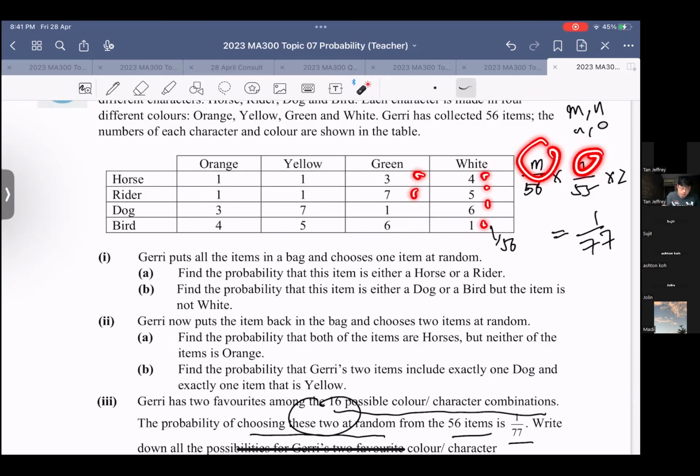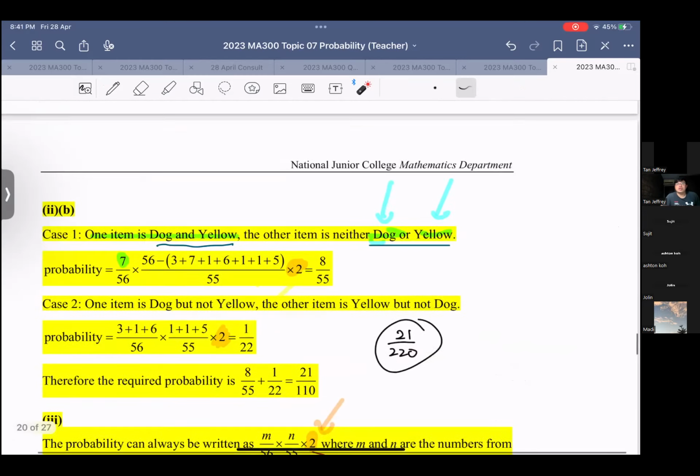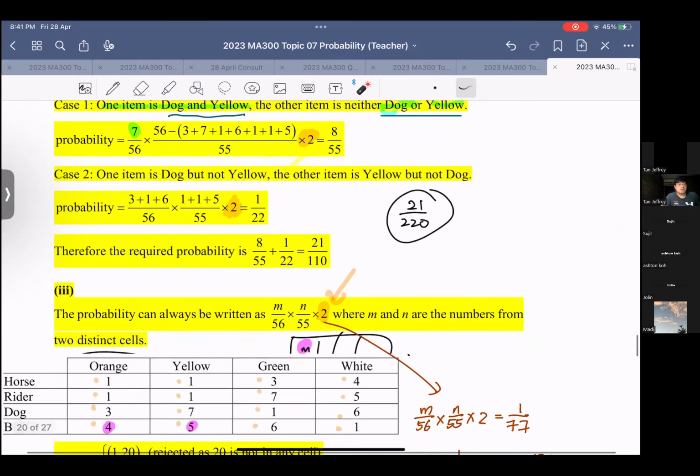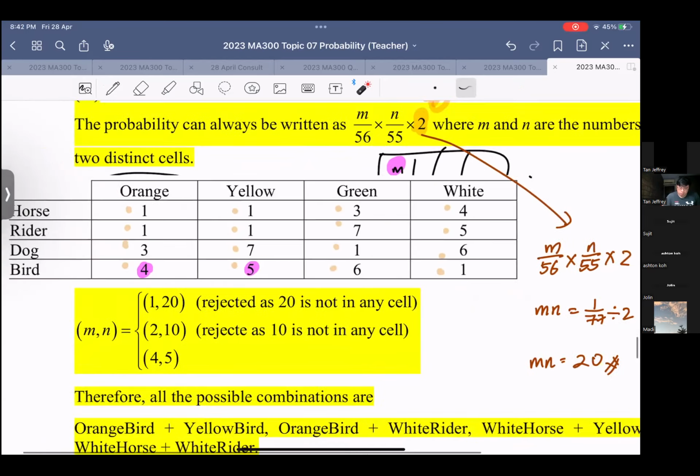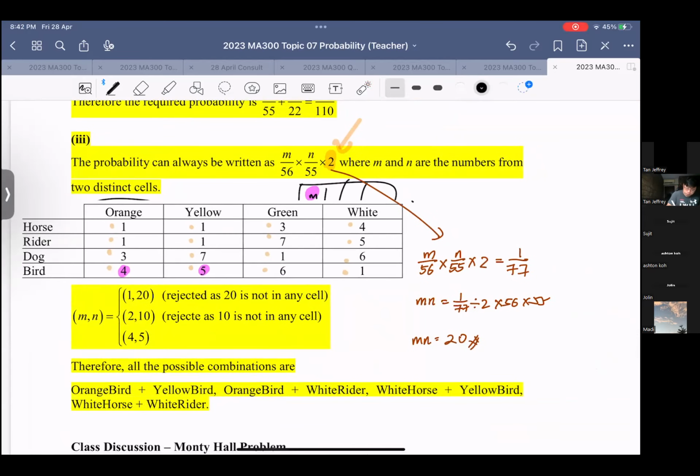So once you form this equation and solve it, if I equate this to 1 over 77, you are going to get Mn equals 20. So far, okay?